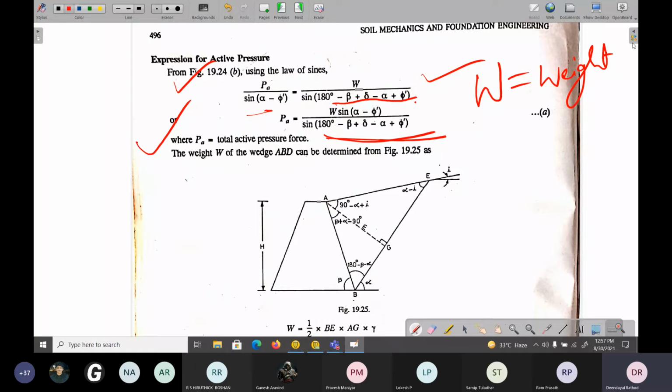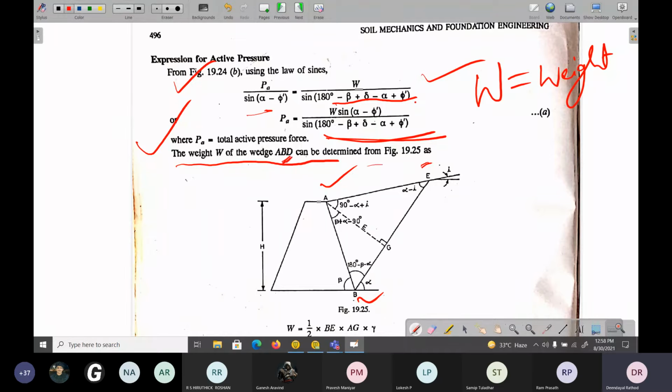So what he has done is he has taken the wedge ABE.